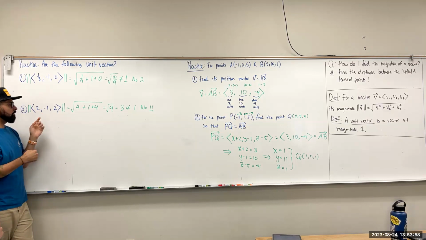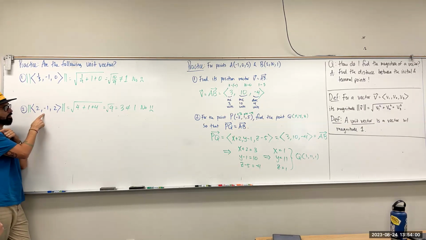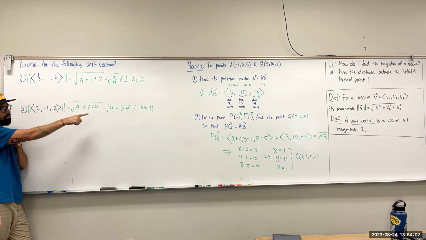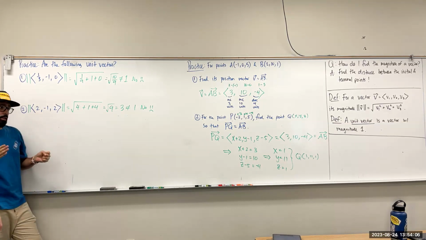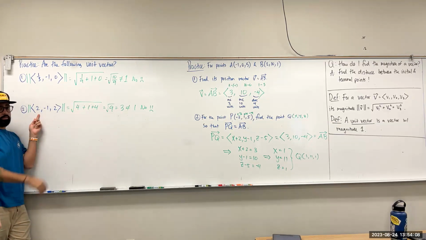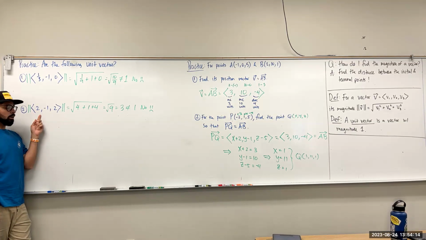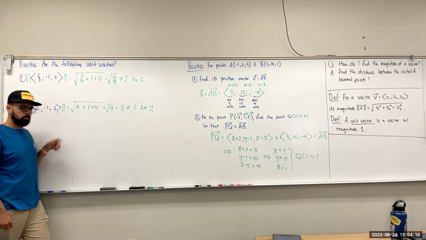This one is not a unit vector because it has magnitude 3, but we can find a unit vector that points in the same direction. Question, yes. Is there a more mathematical term for doing that? I think it's called normalizing the vector.